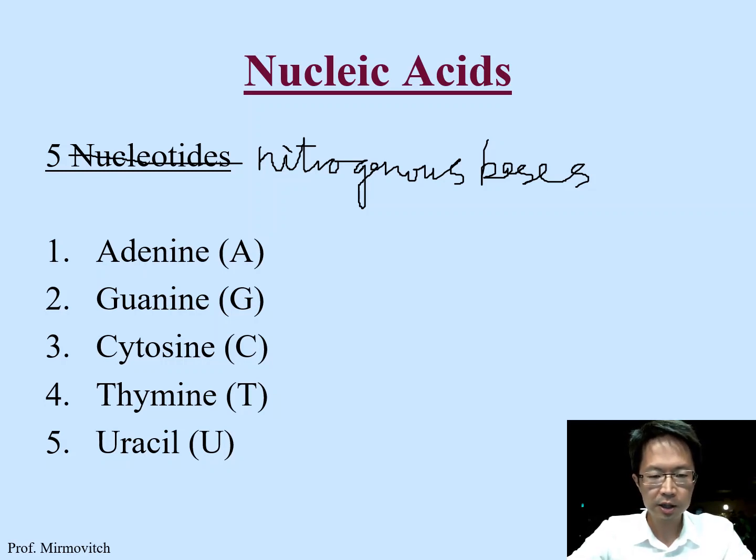This is the tricky part. Adenine always forms hydrogen bond with thymine. Guanine always forms hydrogen bond with cytosine. Adenine and guanine, we call them purine.